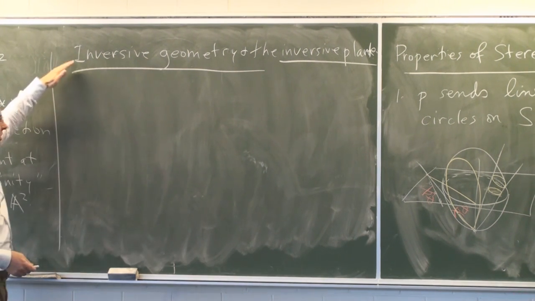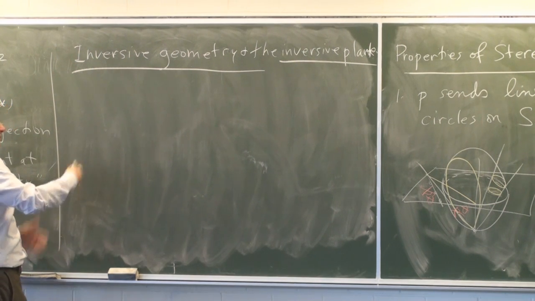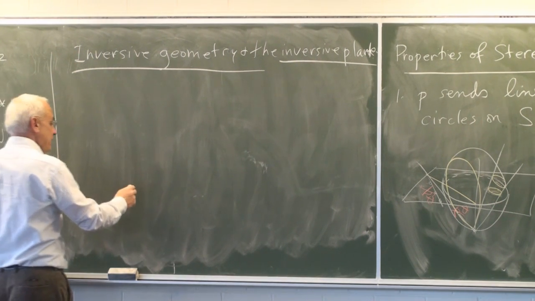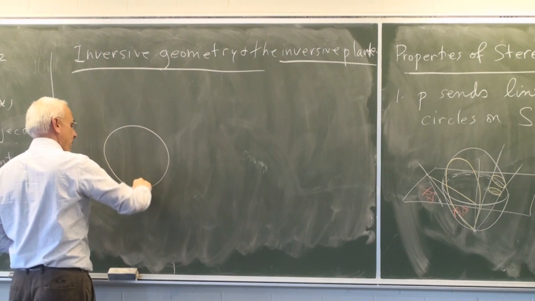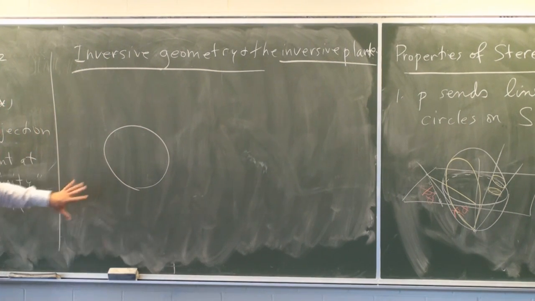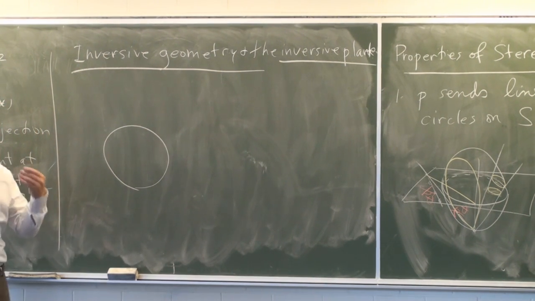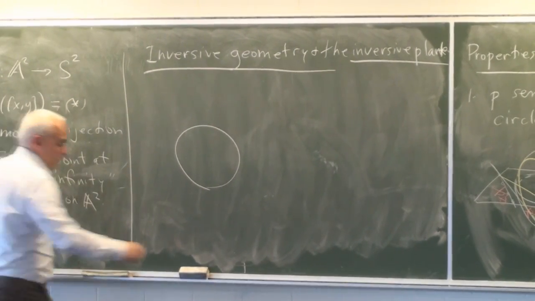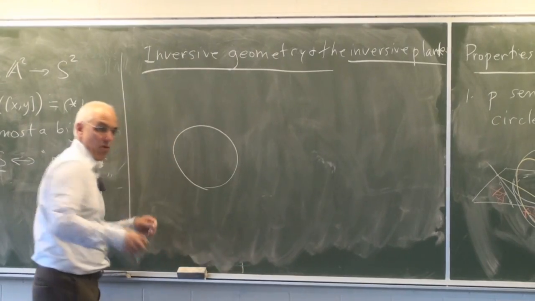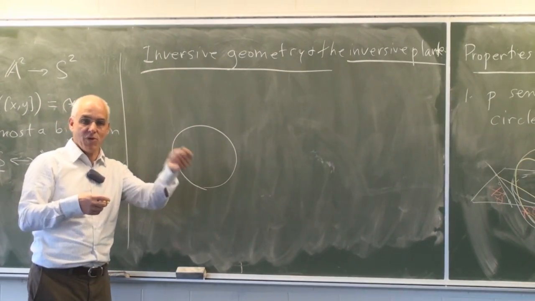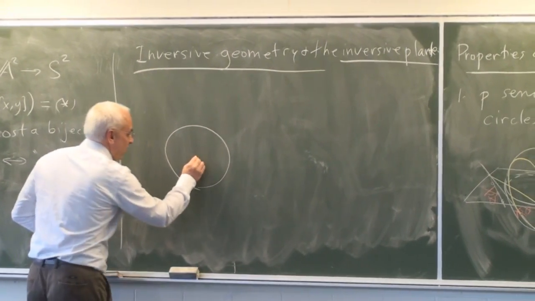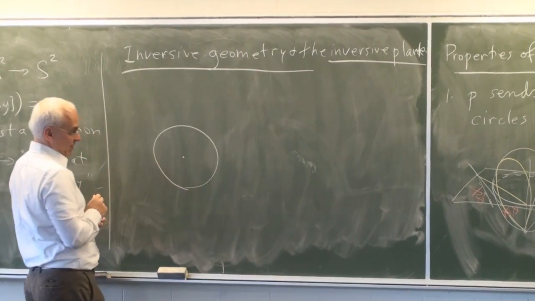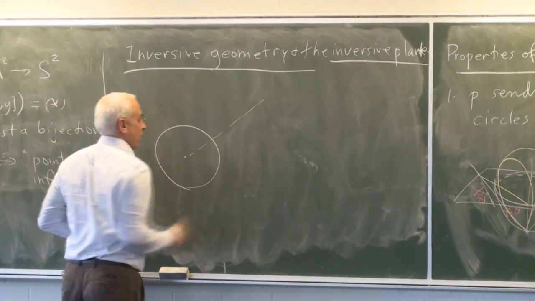So inversive geometry in its standard form takes place in Euclidean geometry, and the idea is that if you have a circle, an arbitrary circle in the plane, then there's a notion of inversion in that circle. And what is this notion of inversion? Well, roughly it sends points inside to points outside and points outside to inside, but more precisely, you start with the center, call it O, and draw a line like this.